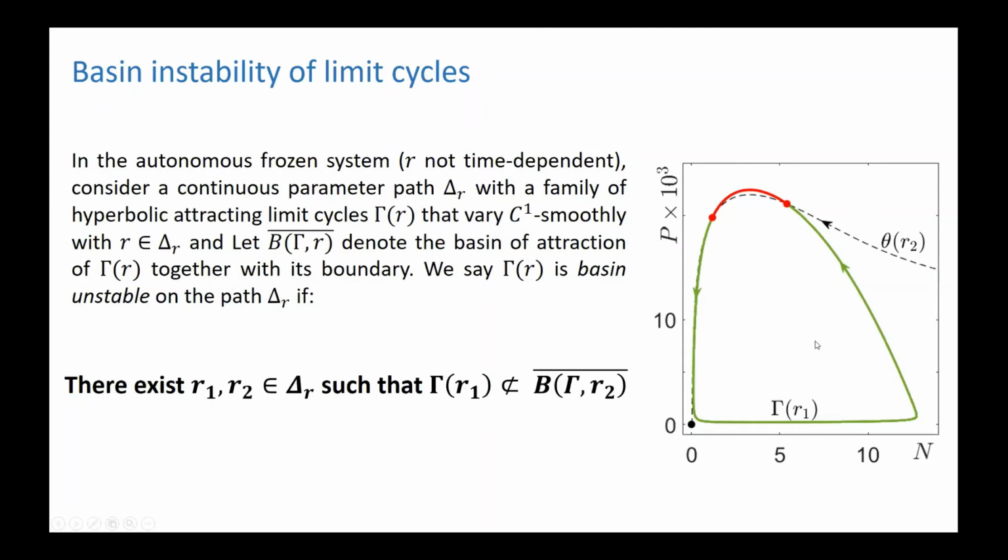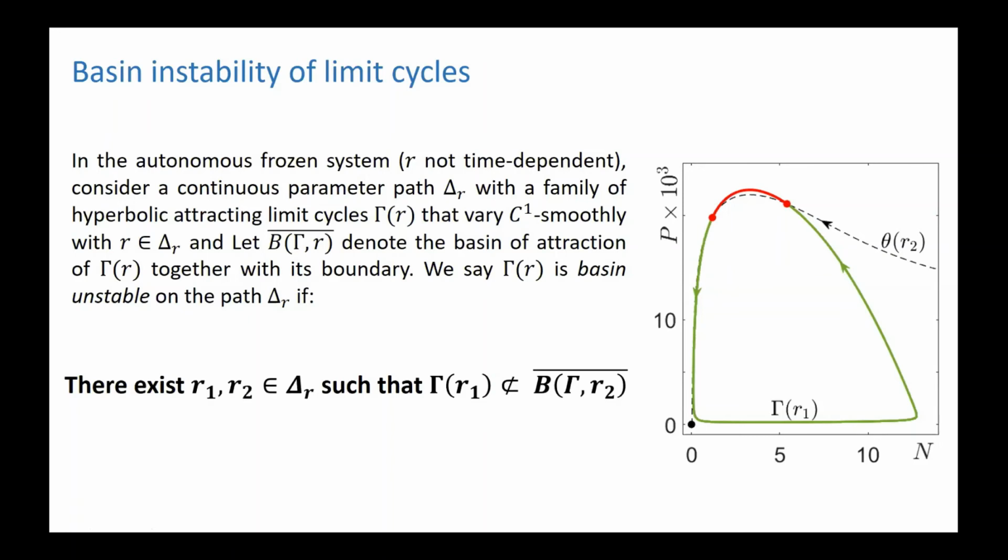To help you understand this mathematical jargon here, I have this picture where I plot the limit cycle gamma of R1 and compare it with the threshold, the boundary of the basin of attraction for R2. And you can see there is this red part of the limit cycle that lies outside the basin of attraction of R2.